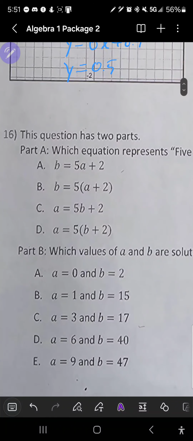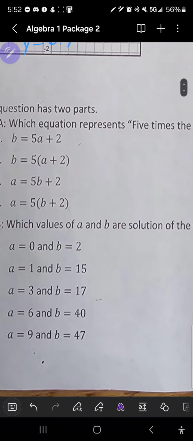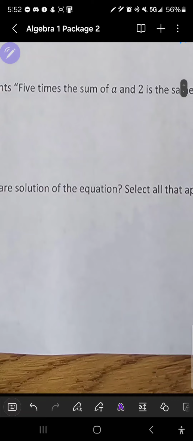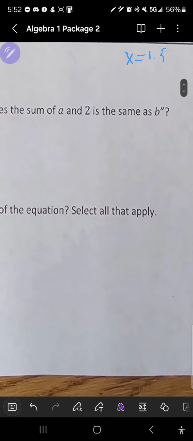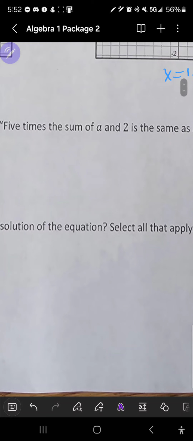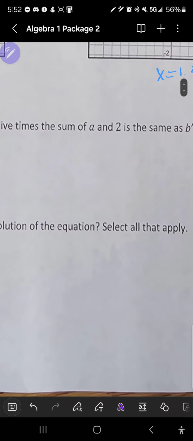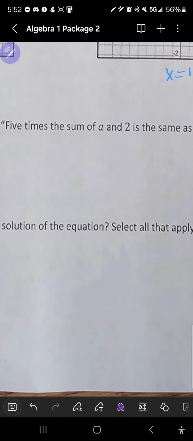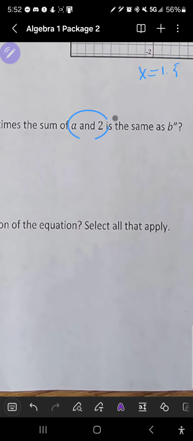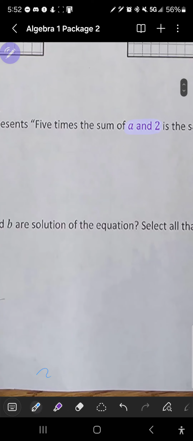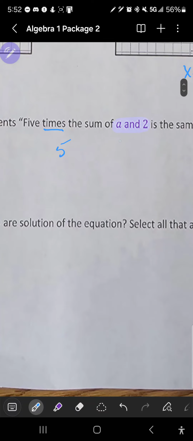Now, this question has two parts. In part A, which equation represents 5 times the sum of A and 2 is the same as B? Okay. So basically, every time I see an "and", what I always do is put these two numbers together. 5 times, I'm going to multiply by 5 because I see the word times, and I see the sum of A and 2.